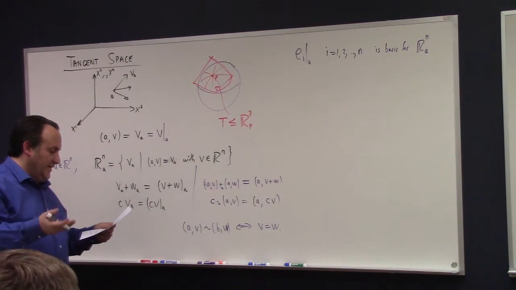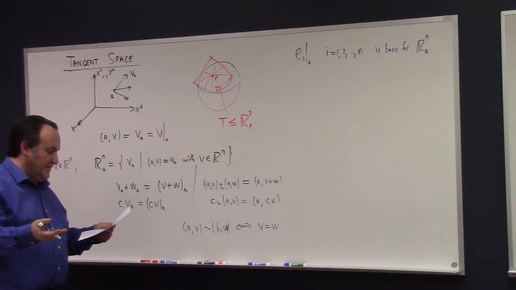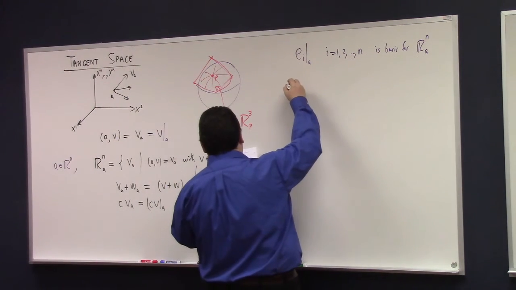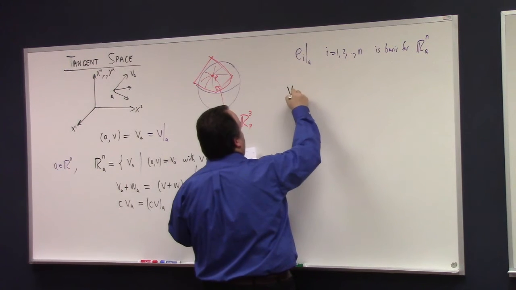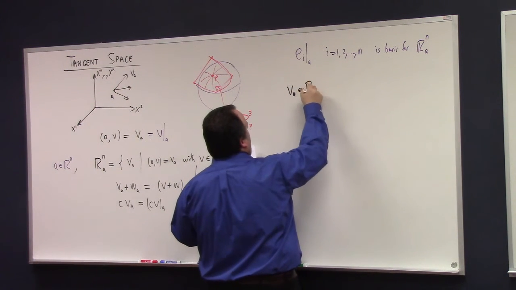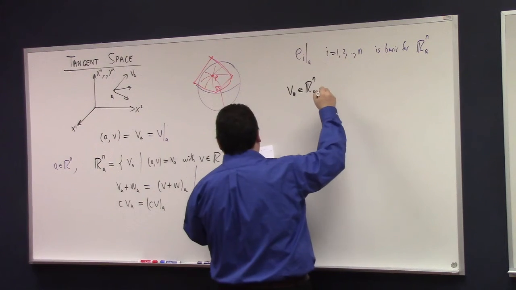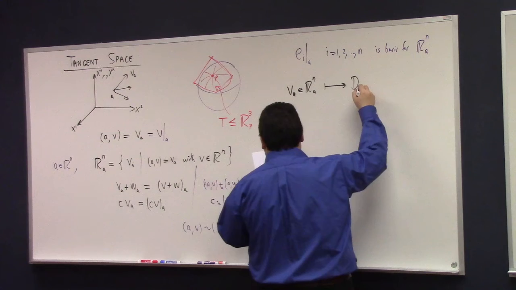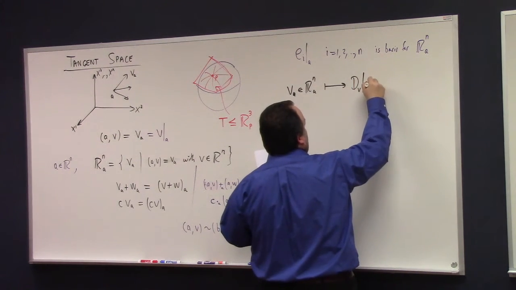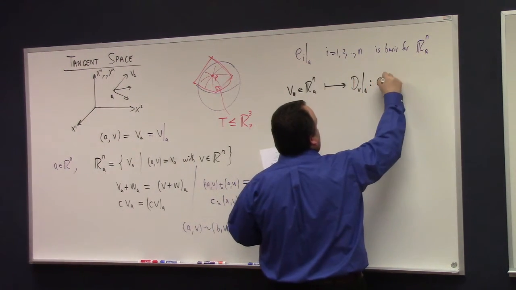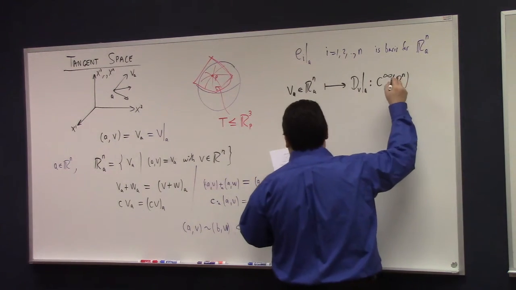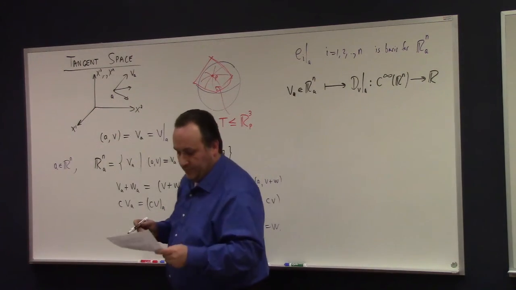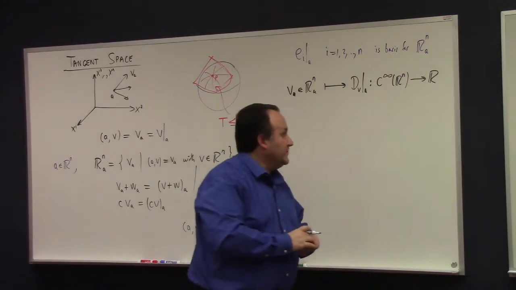So he says, for any example, any geometric tangent vector, v_a, yields a map as follows. Here's a correspondence. We can take v_a in R^n_a, and it will correspond to a map, let's call it D sub v_a, which is a mapping from smooth functions on Rn to R. And what is this?